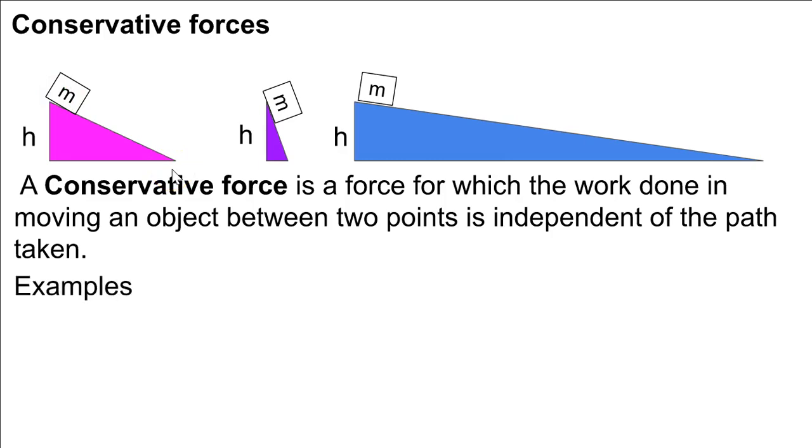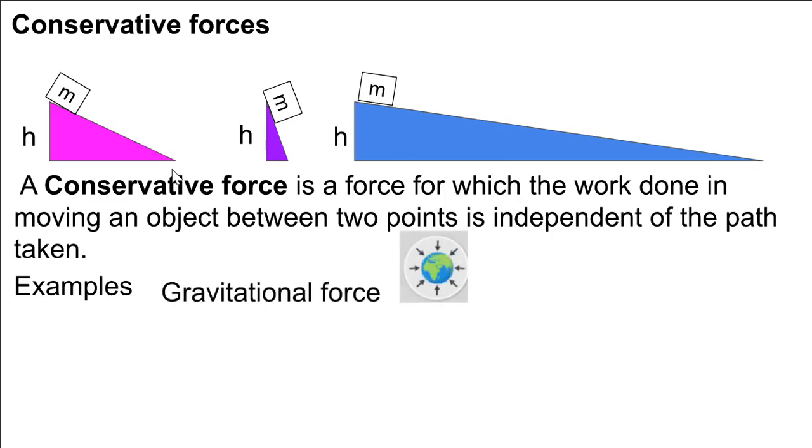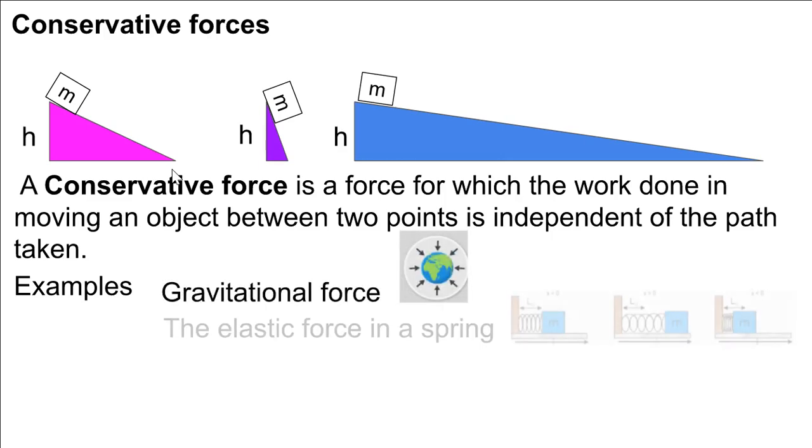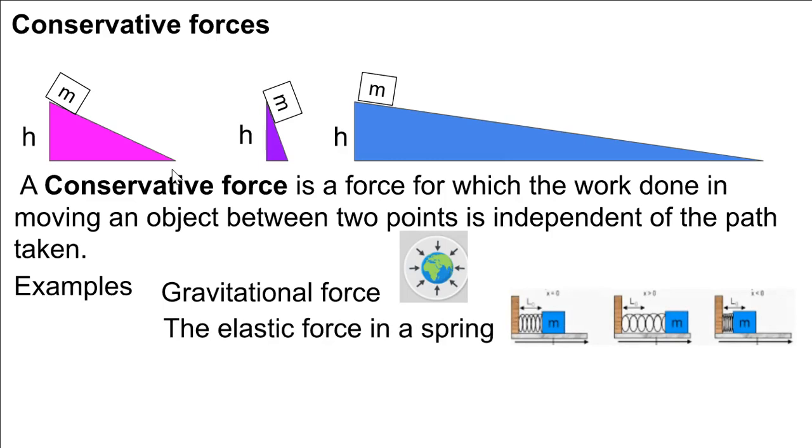Now, what other types of forces do we get that are conservative, where the work done by the force is not dependent on the path? Well, the gravitational force, which you saw, is one example. And then also the elastic force in a spring. Whether I pick up this spring and go like this and then extend it, it does not matter.